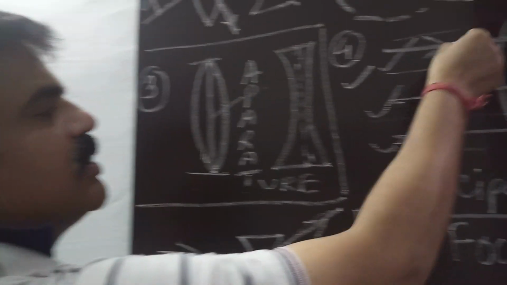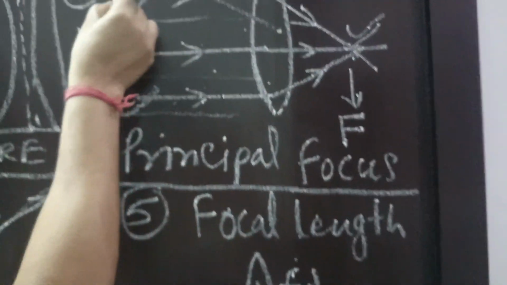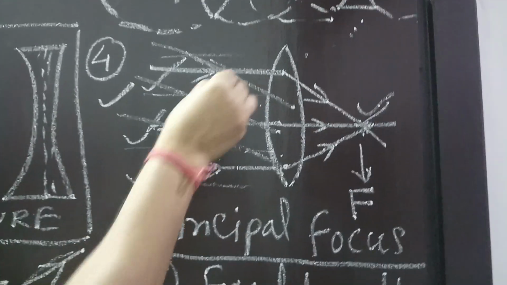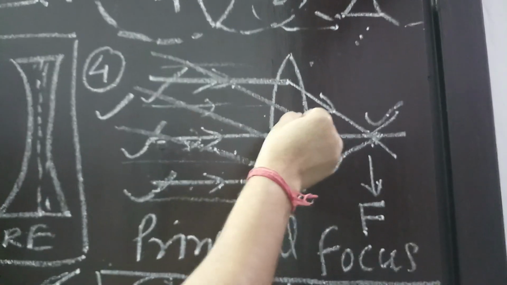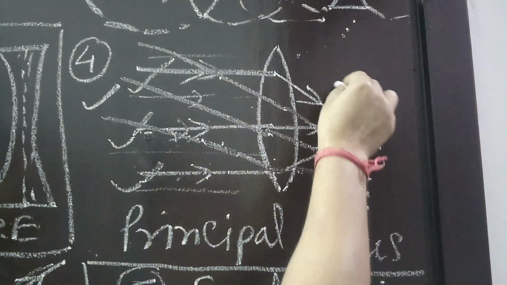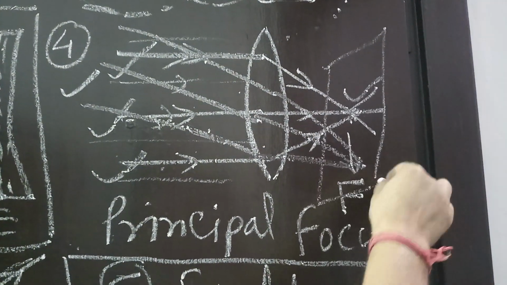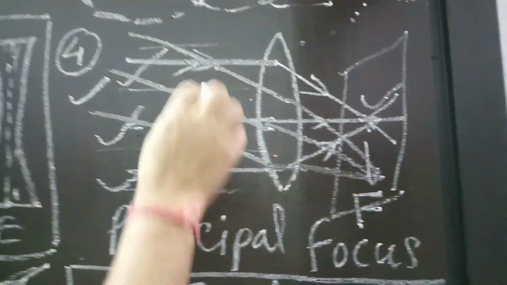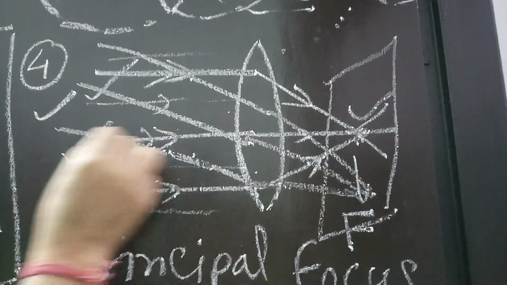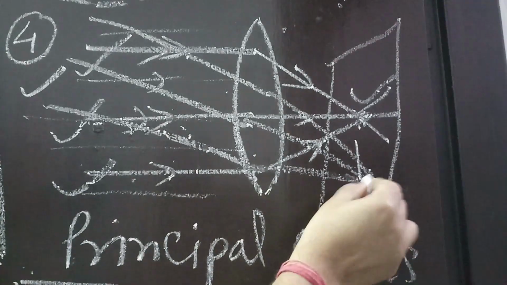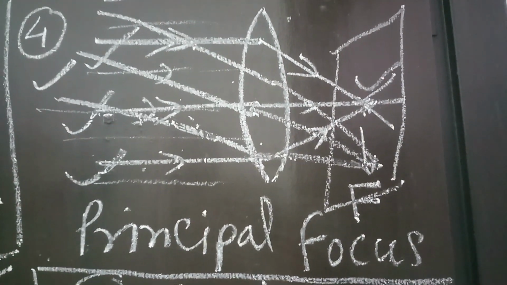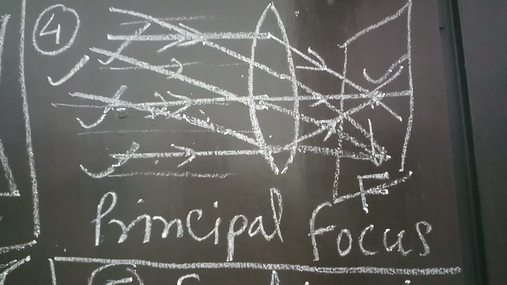Here one thing is important which I am going to explain. Suppose these rays are not parallel to the principal axis, but the rays are parallel with each other. Then these rays will meet here. This is the focal plane, not given in NCERT. Remember it: when the rays are parallel with each other but not parallel to the principal axis, they meet at a point in the focal plane.